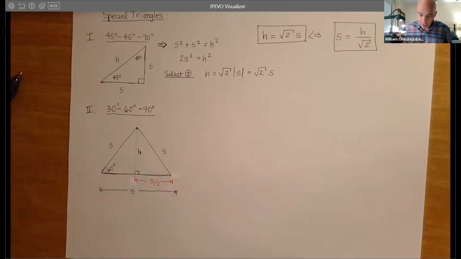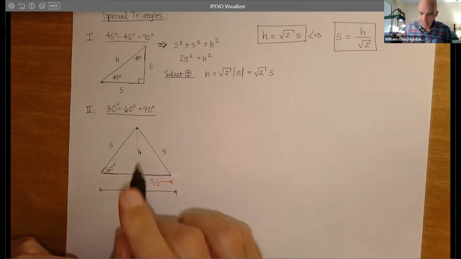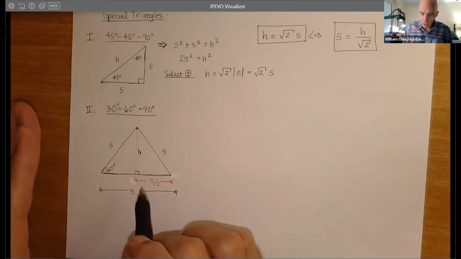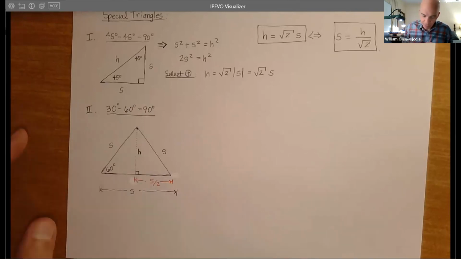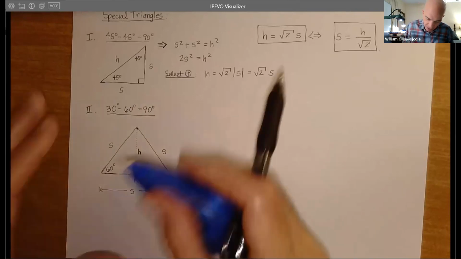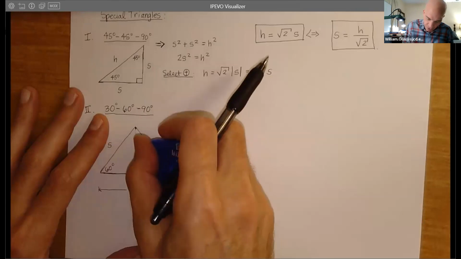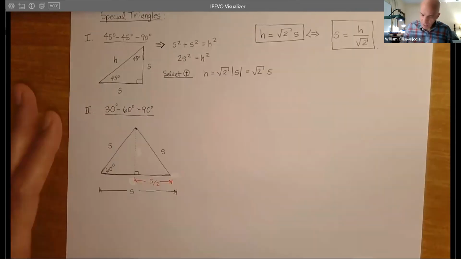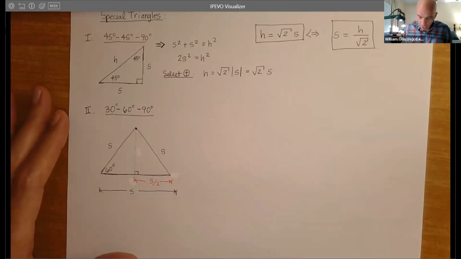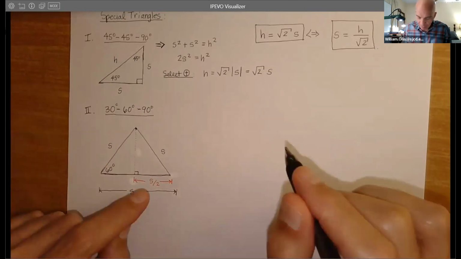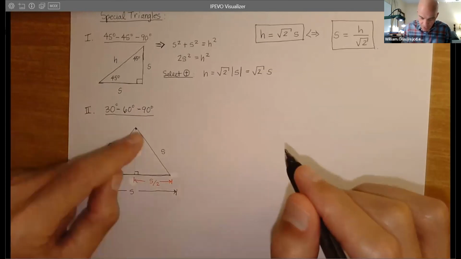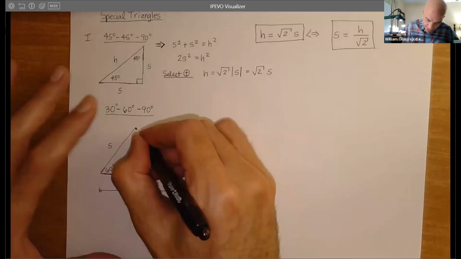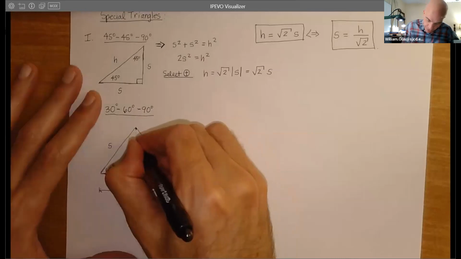So now we're thinking, okay, well, what do we want to do now? Okay, so if all of these are side S, what can we do to make this work? Now, here's a labeling problem. Let's not call this H. Let me do a little better than this. Let's call it L, because if we look here, when we bisect this angle, this is going to be 30 degrees.